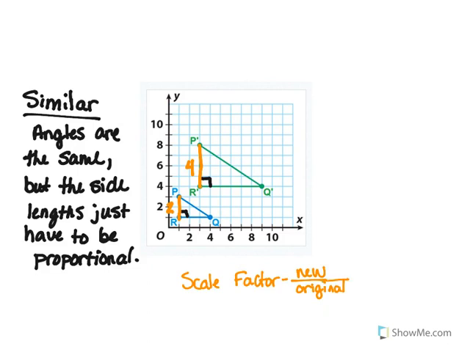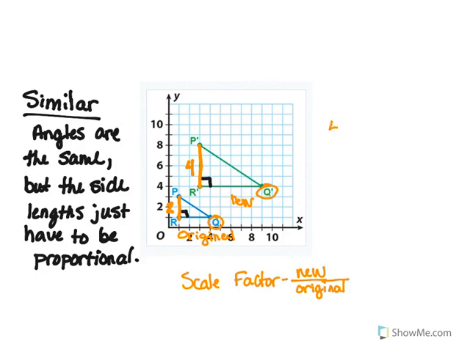Now, if they don't say which one's the new one and which one's the original one, we read left to right. In this case, we actually are going to read left to right. This is the original. This is the new one. And how we know this is because this is Q and this is Q prime. Prime means we've done something to it, so it's the new one.